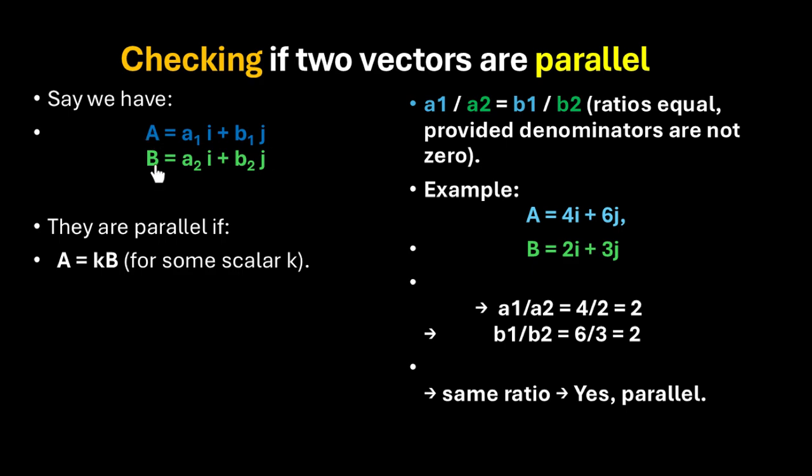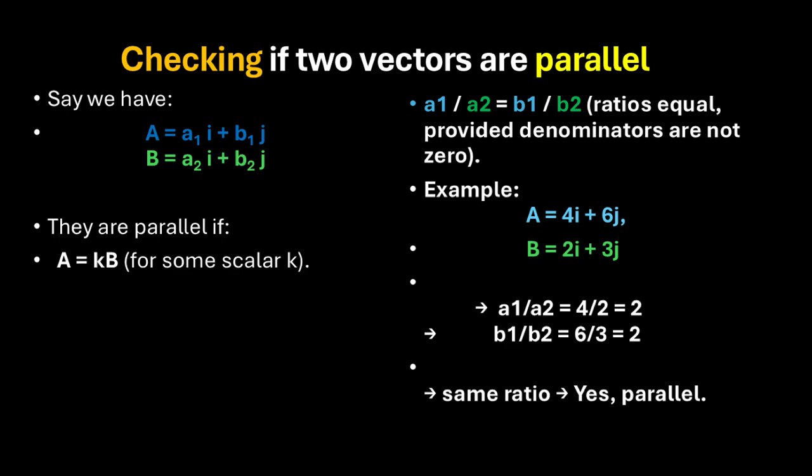Vector A is parallel to vector B only if vector A can be expressed as some scalar K times B. In a different way, if a1 by a2 is equal to b1 by b2, if these direction ratios are equal, provided denominators are not zero, which means we are not talking about a zero vector or a vector with a zero component, then the given vectors are parallel.